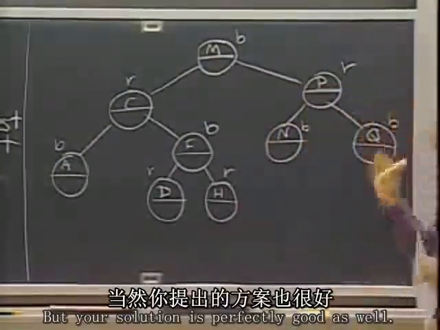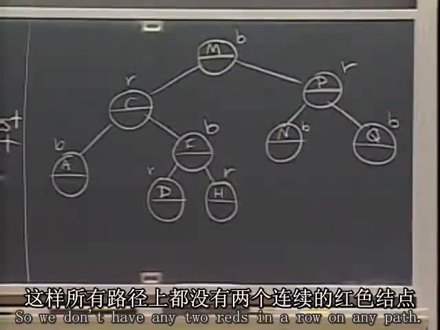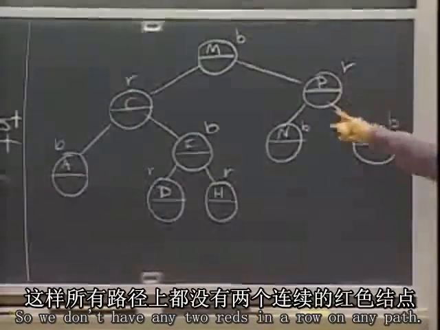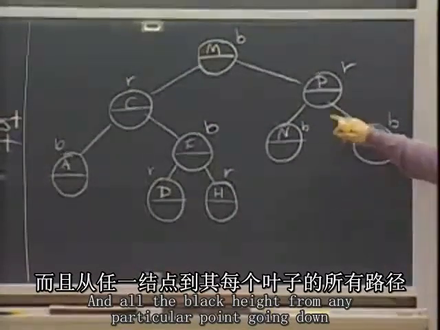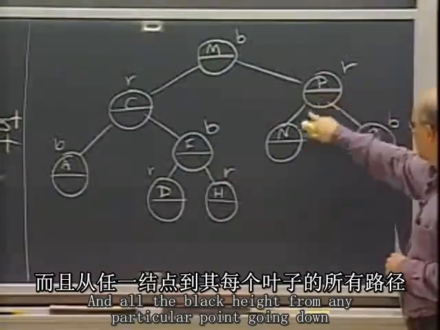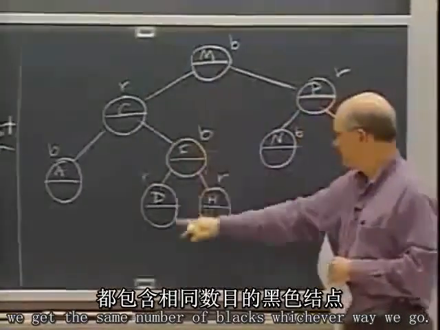But your solution is perfectly good as well. So we don't have any two reds in a row on any path, and from any particular point going down, we hit the same number of blacks, whichever way we go.